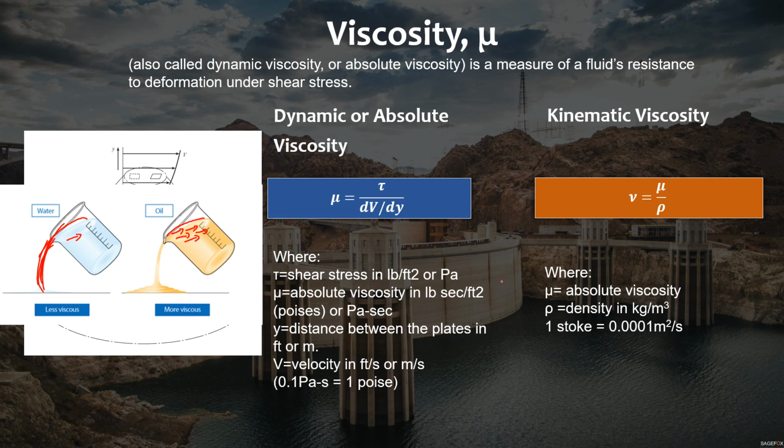So for the unit of absolute viscosity, which is represented by the symbol mu, we use pound second per feet squared, or in SI units, Pascal second. We also have an equivalent unit of viscosity called poise. So if we have a Pascal second value of absolute viscosity and we're trying to convert it into poise, this is your conversion factor: 0.1 Pascal second is 1 poise.